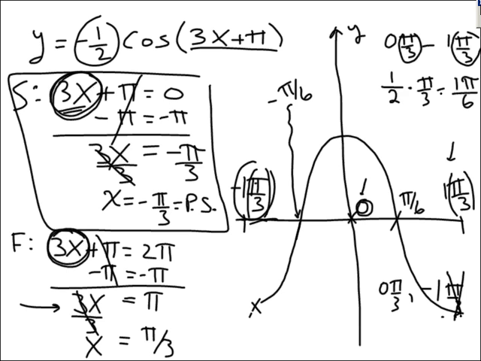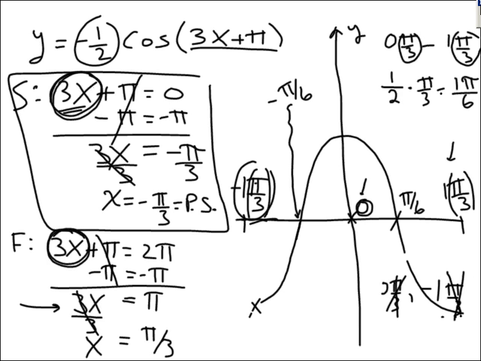Ignore the pi over 3's. What's in between 0 and negative 1? Negative a half. Add them up, get negative 1, divide by 2, times pi over 3. Well, that's negative pi over 6. Alright, so now we have the 5 quarter values.